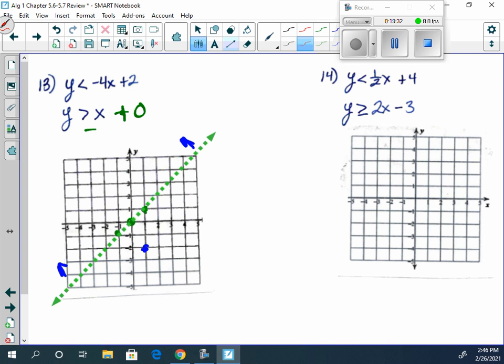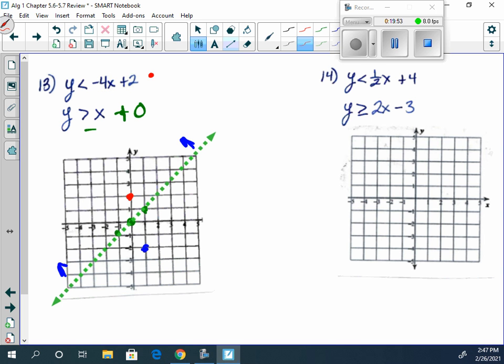All right. Now we're going to graph the other one. y is less than -4x plus 2. So our y-intercept would be at +2. And our slope is -4.